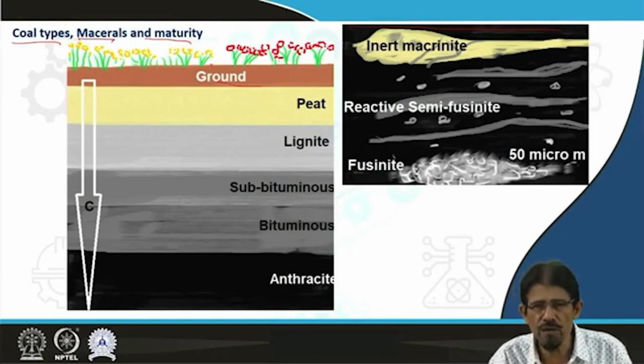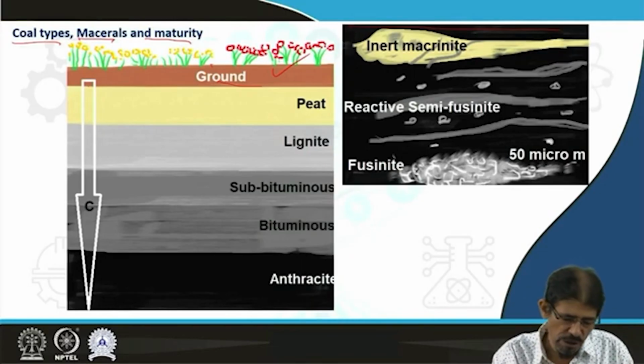we are getting coal. As far as the coal type is concerned, based on the concentration of carbon, we can divide it into the ground without carbon, then peat, then lignite, then semi-bituminous, then bituminous, then anthracite.